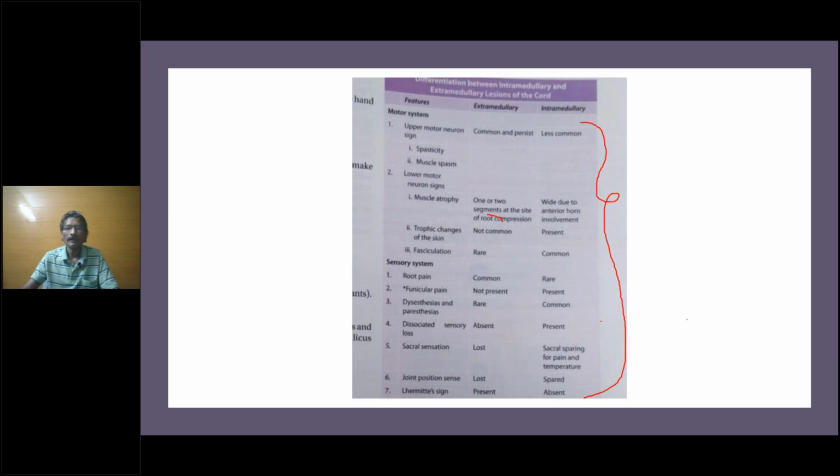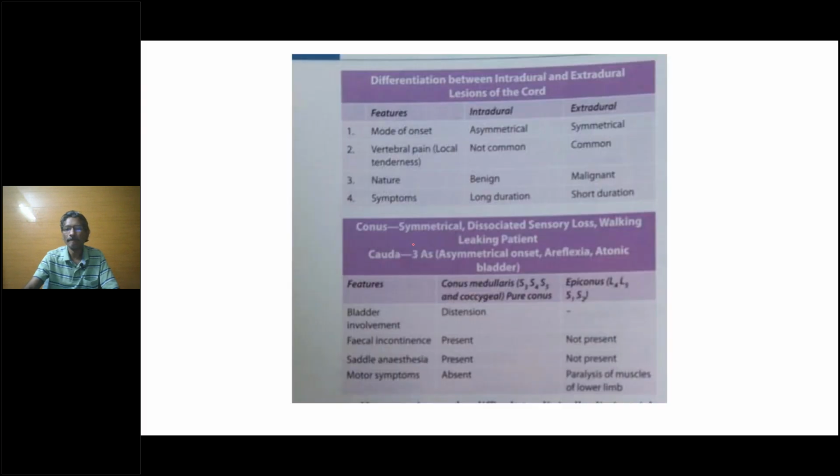Okay. Now going to the next diagram, next table. The intradural and extradural, for all practical purposes, are very difficult to really differentiate. Extradural quite often also produces a vertebral or radicular involvement, so local tenderness is common.